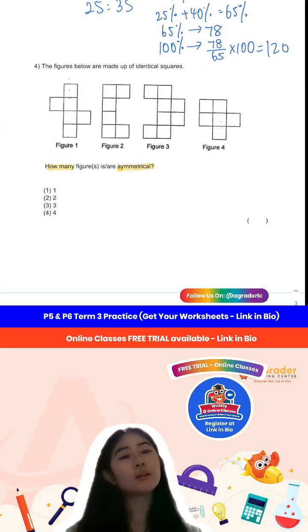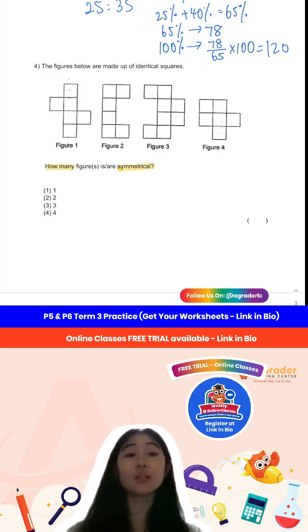Okay, so looking at the chat, half of you say it's 2, half of you say it's 3. So it's either 2 or 3, right? I don't see any other options. Okay, so none of you say it's 1 and 4, which is correct.